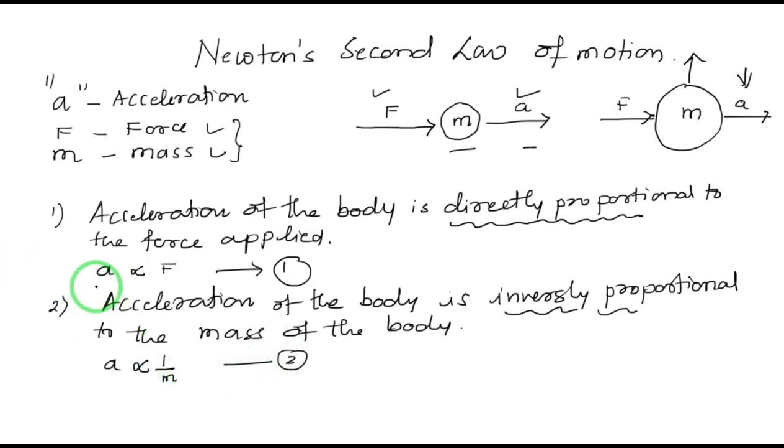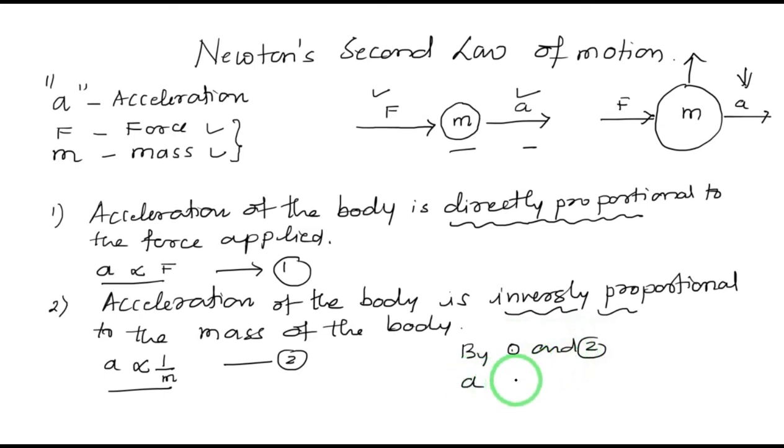Now look at this. Acceleration is directly proportional to force and acceleration is inversely proportional to mass. So it is read as acceleration is inversely proportional to the mass. The moment you read inversely proportional, the mass goes to the denominator. So now let me write, by 1 and 2, we can combine that.